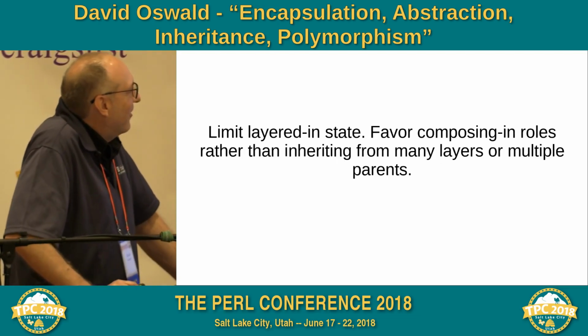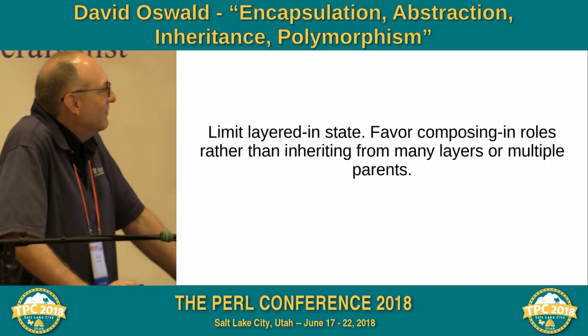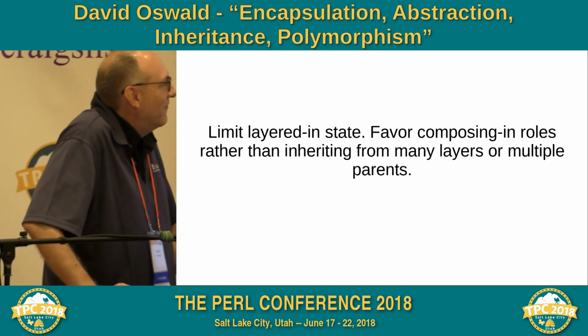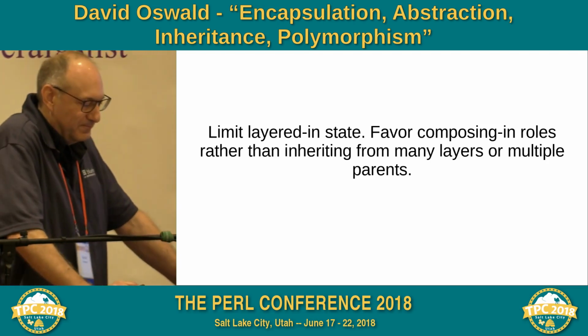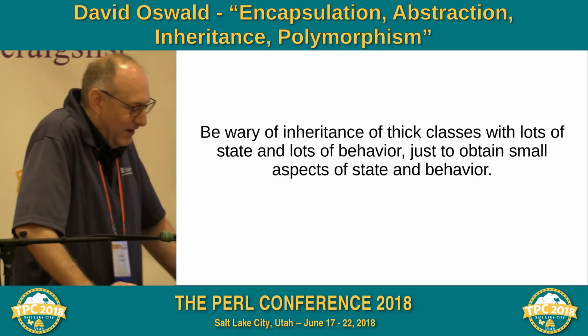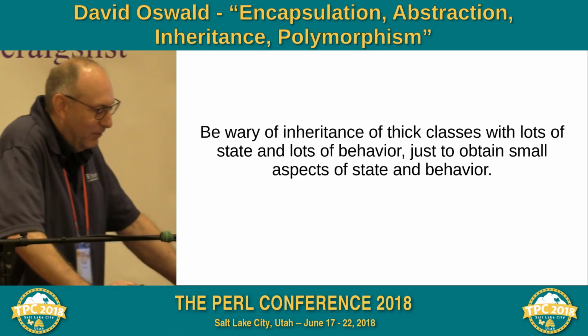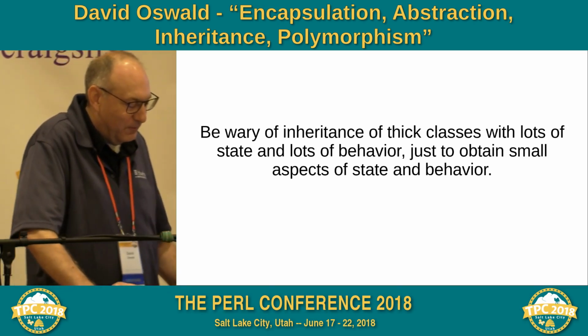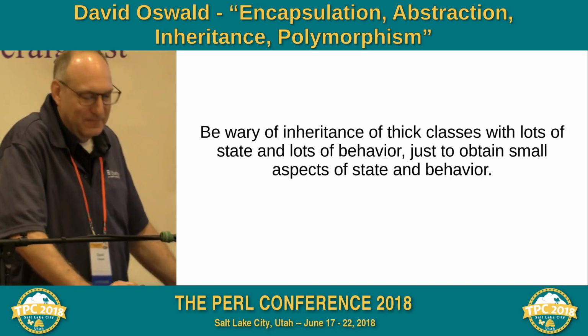So we should strive to limit layered in state and favor composing in roles rather than inheriting from many layers of multiple parents. And we should be wary of inheritance of thick classes with lots of state and lots of behavior just when we need to obtain small aspects of state and behavior.